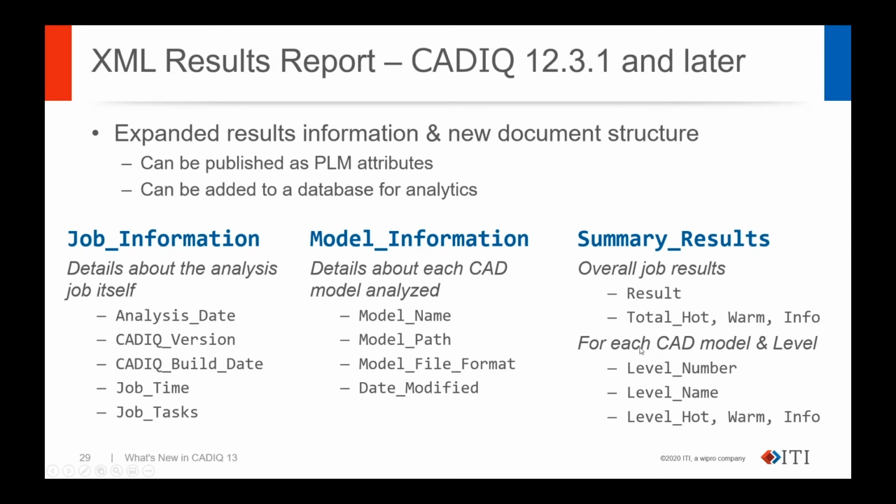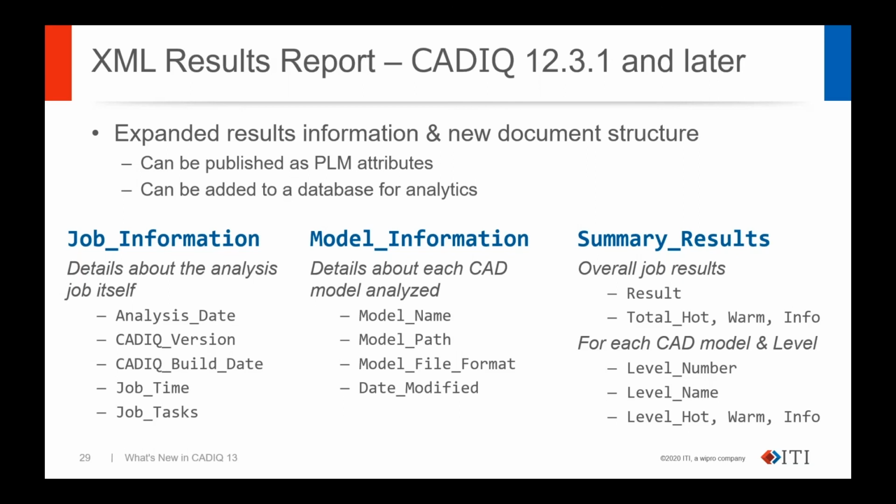And then for each CAD model and level, we would indicate the level number, the level name, and the number of hot, warm, or info items that exist for each of those levels. So the levels are things like PMI change versus a geometry change, or a PMI defect versus a geometry defect.